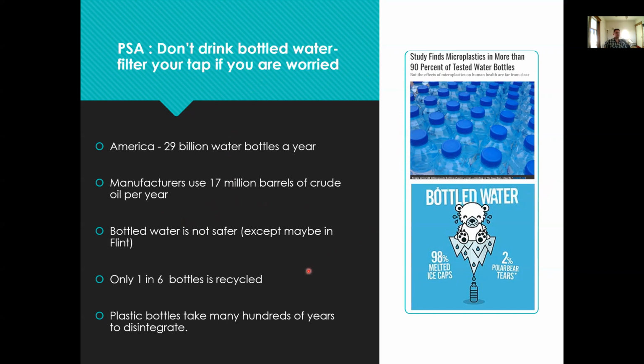And then something else I'd like to touch on here, that only 1 in 6 bottles is recycled, but this is a very misleading statistic. The reason being that the recycling process in America used to be predicated on the ability of America to export its plastics to China, where it would then be recycled.